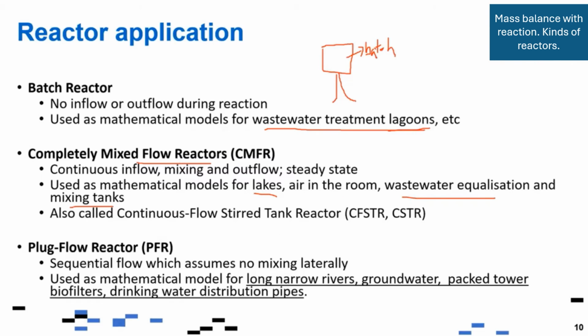For plug flow reactors, we can use that especially for pipes, all right? Some packed tower biofilters, like a tower type, and also some long, narrow rivers, we can also designate as plug flow reactors in order to solve some of the problems there.